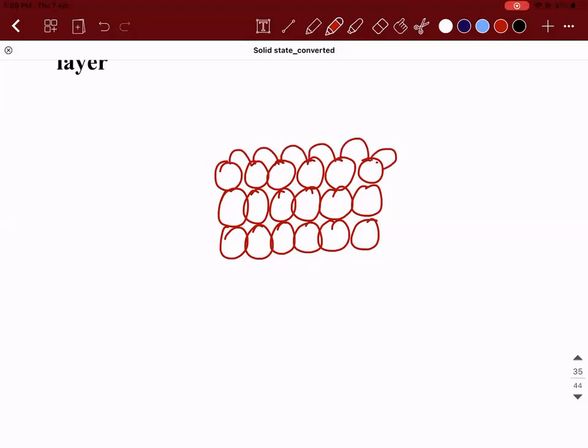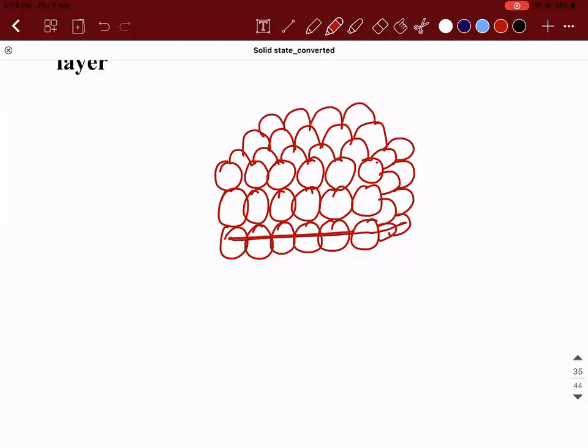Do you remember I have drawn this picture? I'm stopping till this layer. See, another layer is made like this. See, length, width, first layer. This is one 2D layer, right?